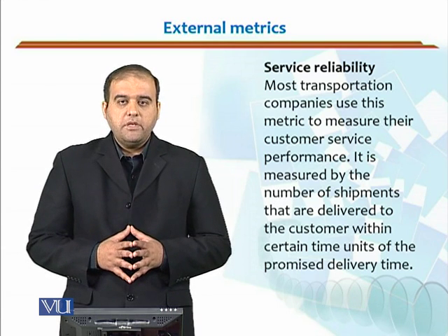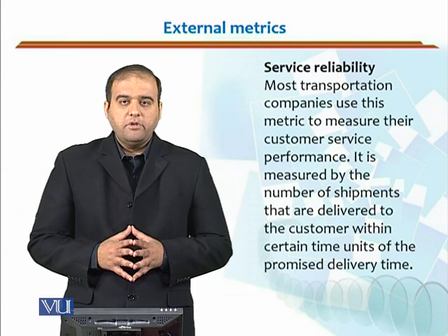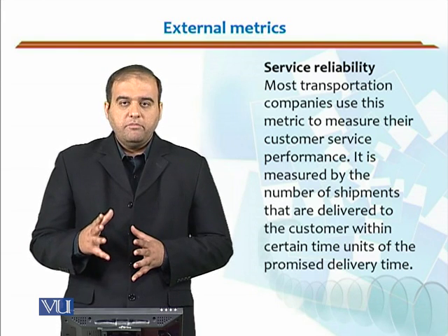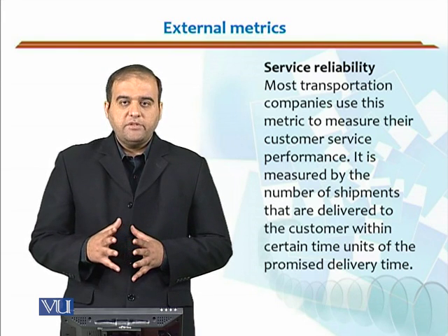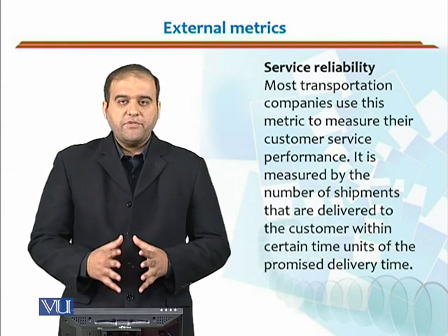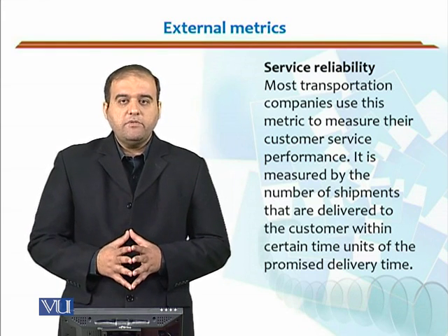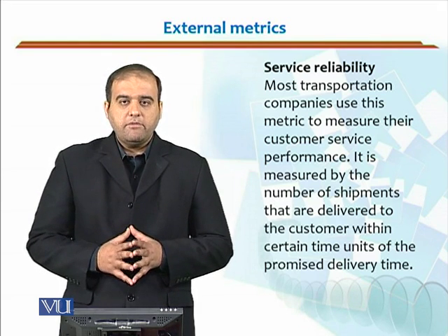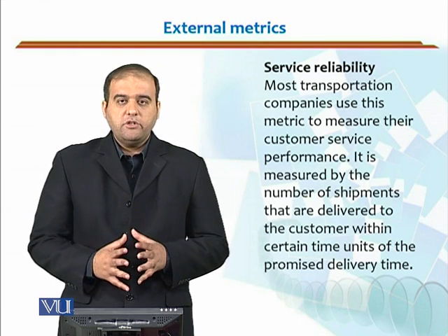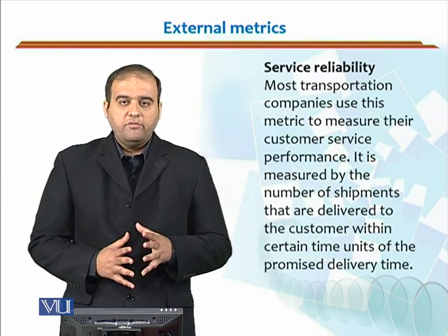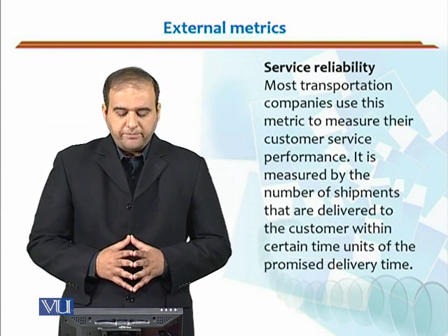And for some companies, delivery time plus minus 24 hours or 4 hours might be the target time. That is the minimum variability. So if they achieve it, they have a service reliability and they are achieving a higher customer service level. So the definition of reliability actually changes from industry to industry.